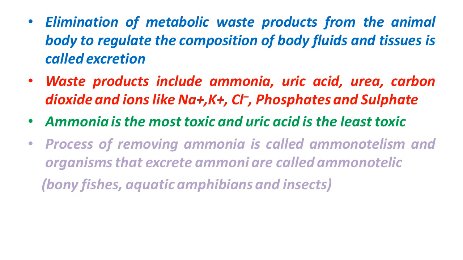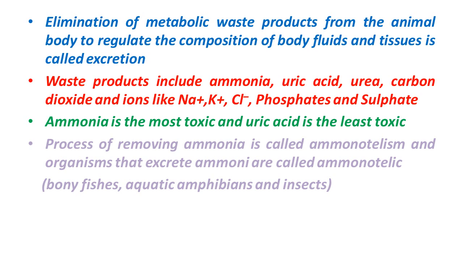Terrestrial adaptations necessitated the production of less toxic nitrogenous waste like urea and uric acid for conservation of water. As we know, ammonia is the most toxic nitrogenous waste excreted from the body of animals, and it requires a large amount of water for its elimination.